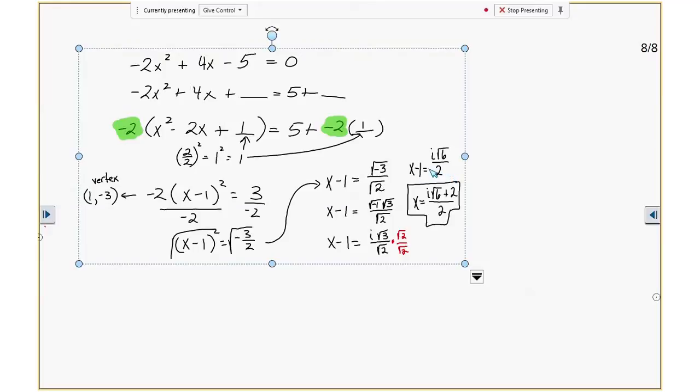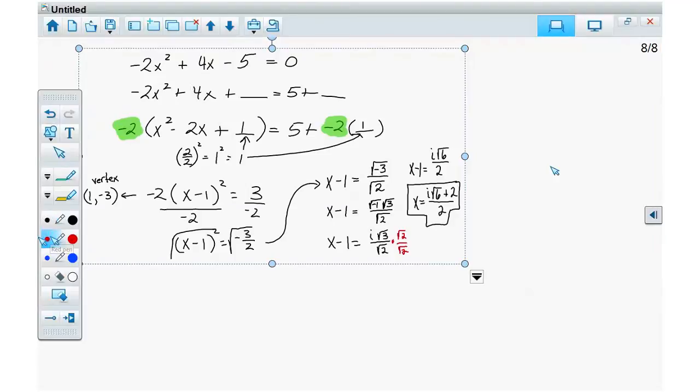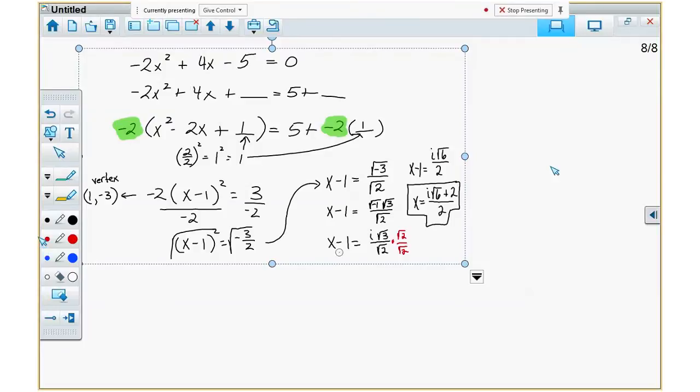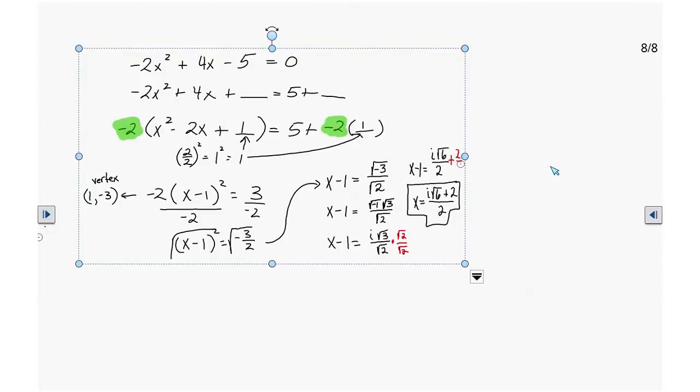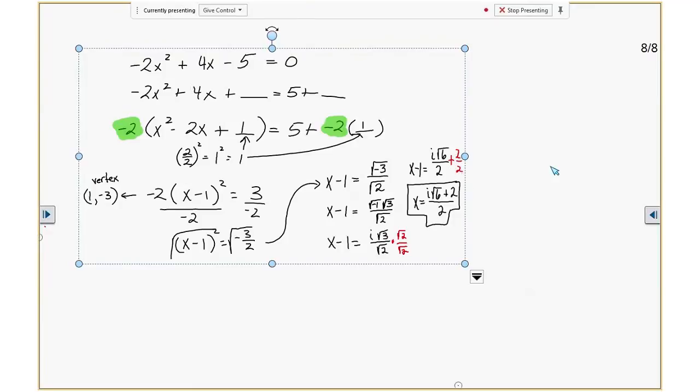So you got to bring this over as 2 over 2, because you cannot add fractions unless you have a common denominator. So I brought this 1 over as 2 over 2. That's what that is.